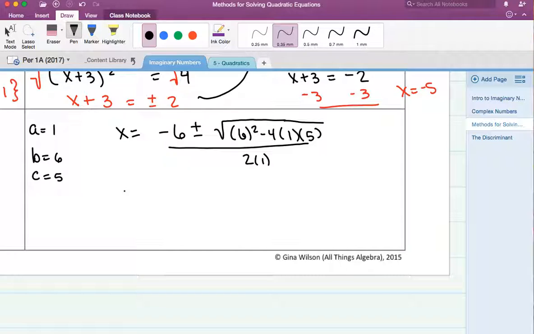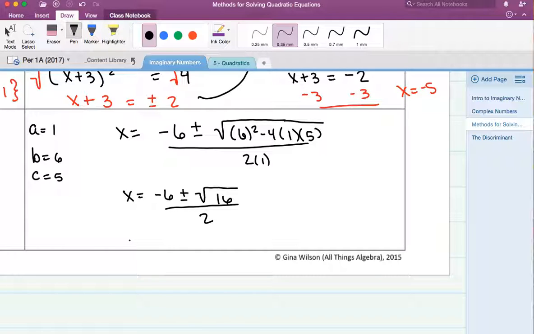Okay, so then we get x is equal to -6 plus or minus the square root of, I have 36 minus 20, 4 times 1 times 5 is 20. 36 minus 20 is 16, all divided by 2.